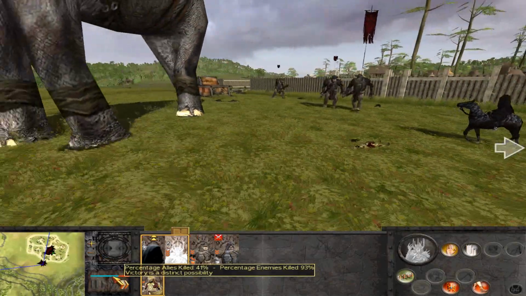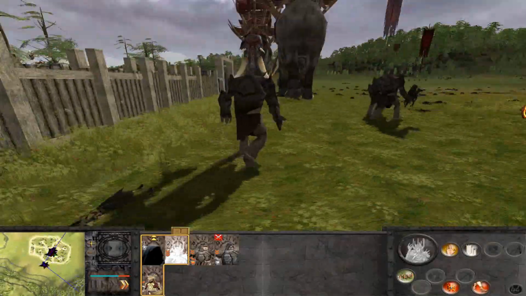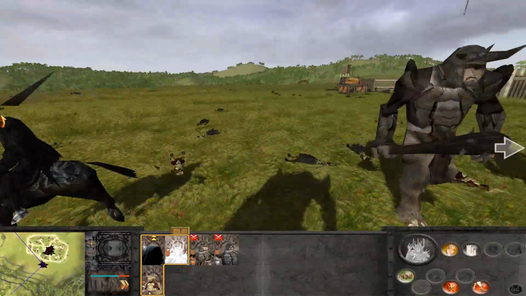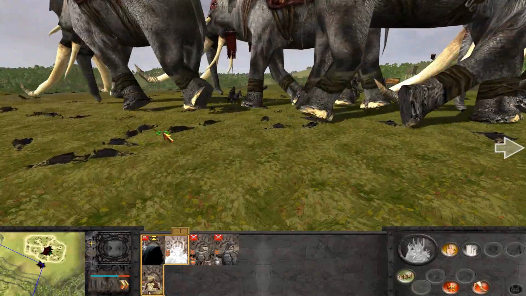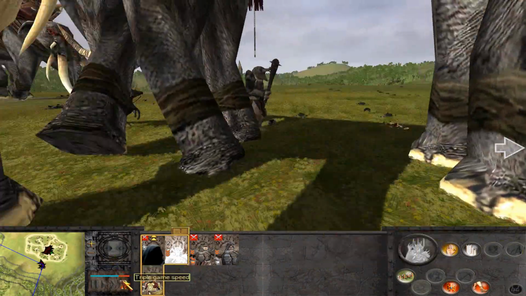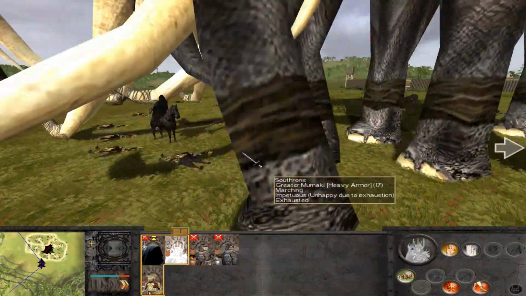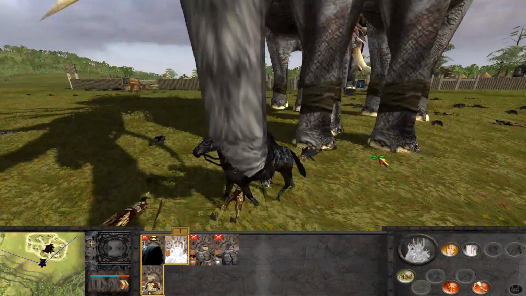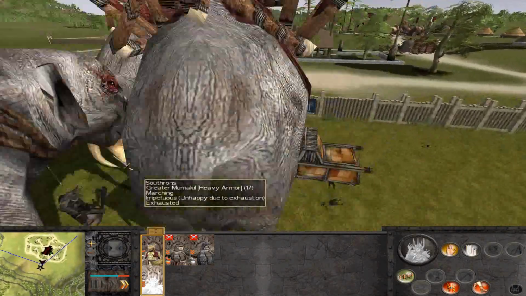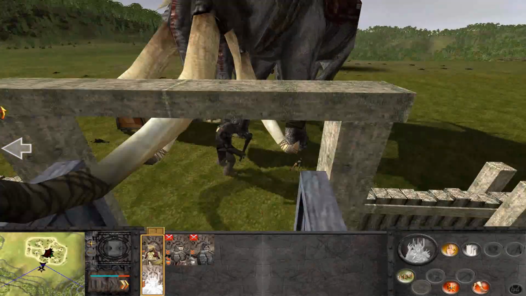We lost 41%, they lost 93%. Lost Southrons, I don't know if this will count. We lose all the benefits if Sauron dies, it's not good. Lost another general, Sinia.